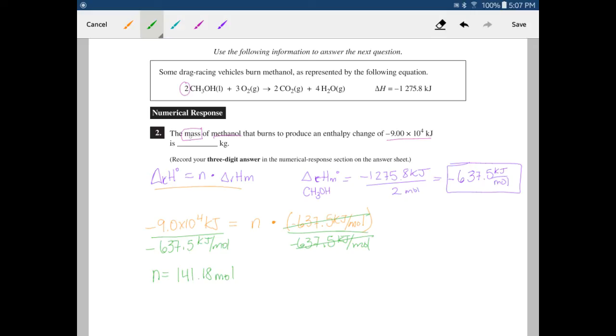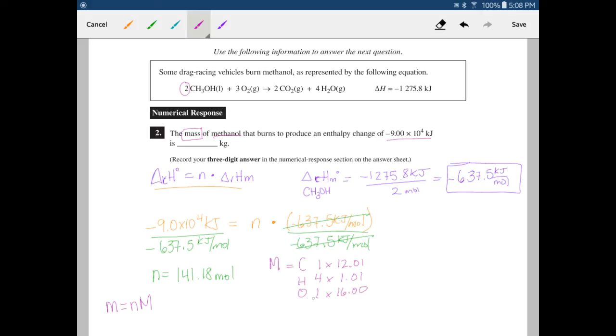Now, since I'm looking for my mass, you have to remember that mass is equal to moles times my molar mass. So I have my moles here, and my molar mass of methanol is equal to carbon is 1 times 12.01. Hydrogen, I have 4 hydrogens, so I have 4 times 1.01. And I have 1 oxygen, which is 16.